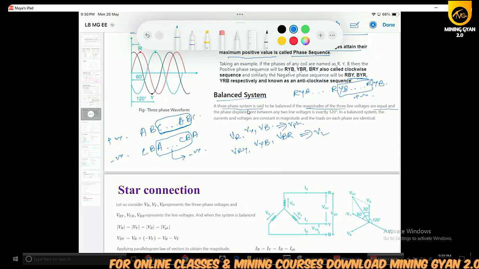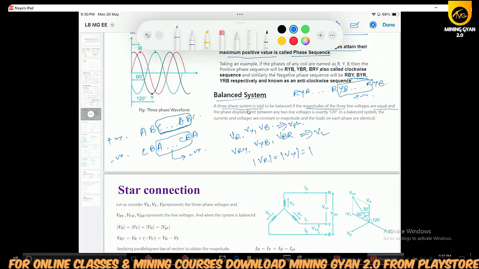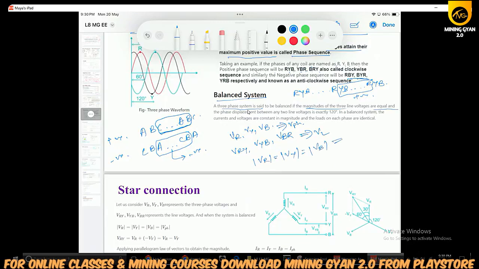So their magnitudes should be same in case of a balanced system. The magnitudes of the phase voltages should be same, and also the magnitudes of line voltages should be same.